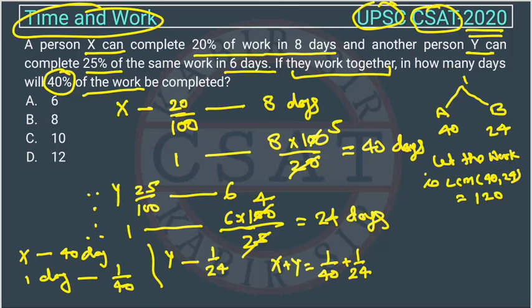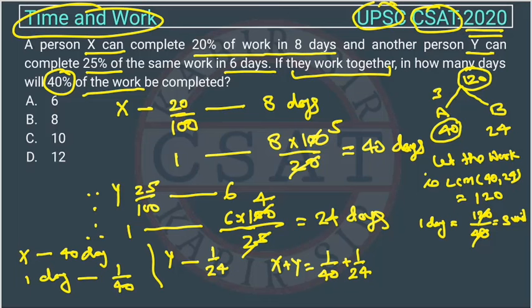If the work is 120, in how many days will A complete this work? Total he is taking 40 days, right? So in one day how much work can he complete? The one day work of A will be total work upon the number of days, right? So he is working 3 units every day. If A works 3 units every day, he can complete the work in 40 days.